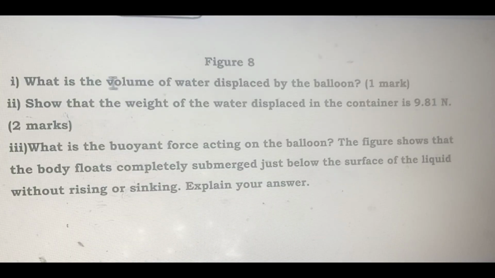A. What is the volume of water displaced by the balloon? B. Show that the weight of water displaced in the container is 9.81 Newton. C. What is the buoyant force acting on the balloon? The figure shows that the body floats completely submerged just below the surface of the liquid without rising or sinking. Explain your answer.